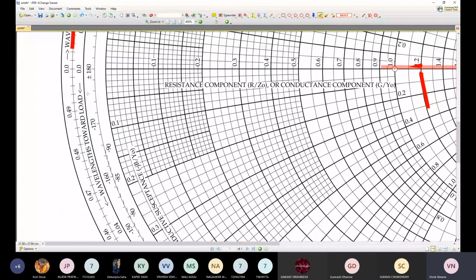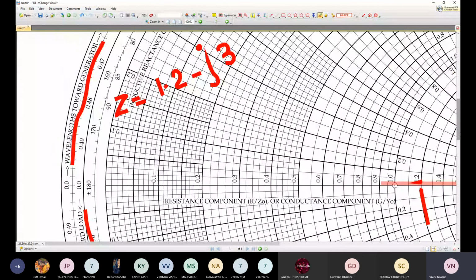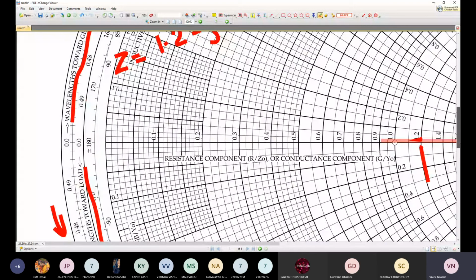That means clockwise direction, and you do have wavelengths towards the load. अगर लोड की तरफ जा रहे हो, कैसे जा रहे हो, what I mean to say, we will see when we are going to solve the numerical. लेकिन this time whenever you want to consider the direction towards the load, we need to go in an anti-clockwise direction.